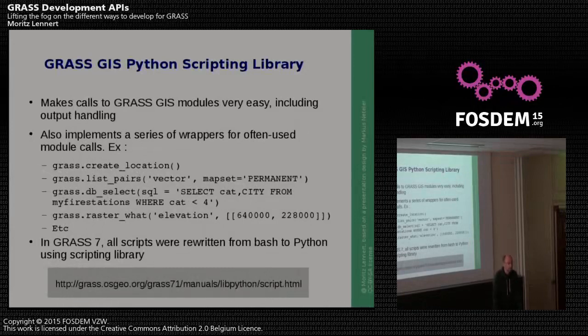And as Markus said, if you use the Grass modeler, the graphical modeler, you can actually program graphically a script which will then use this Python scripting library as its base.